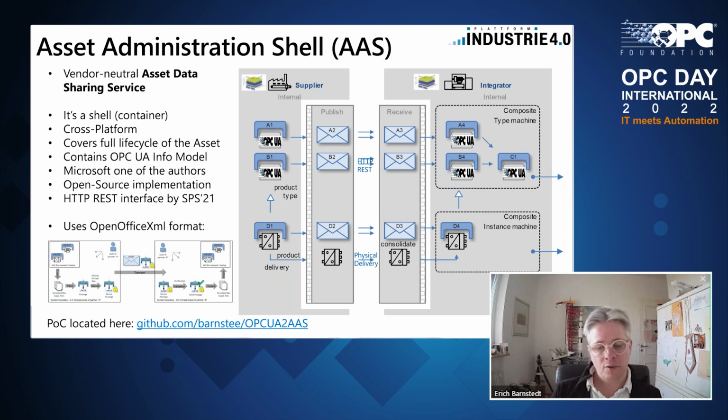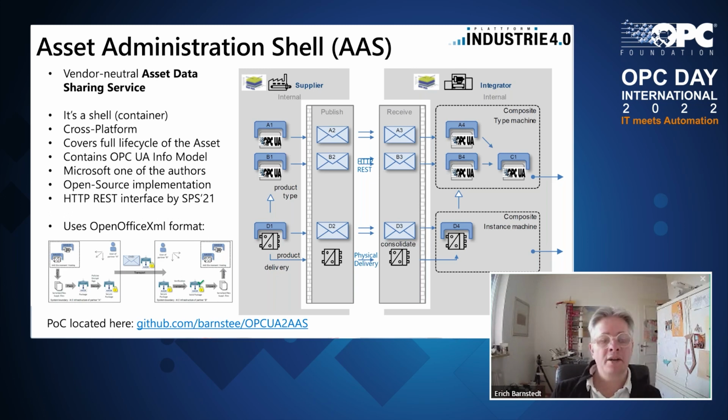The actual file format for an Asset Administration Shell is the Open Office XML format, which Microsoft invented, but it's a standard now. And there's a bunch of different reasons for using Open Office XML. It's simple. It's basically just a renamed zip file with an XML document describing the content.